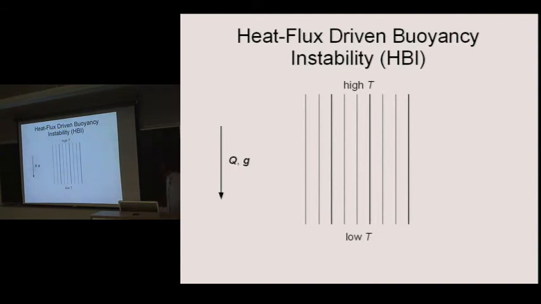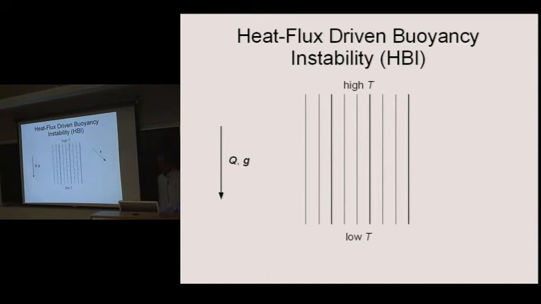So this is an instability that you get if you have a high temperature above low temperature with a vertical magnetic field. So there's a heat flux that's going downwards. And this heat flux is actually unstable.